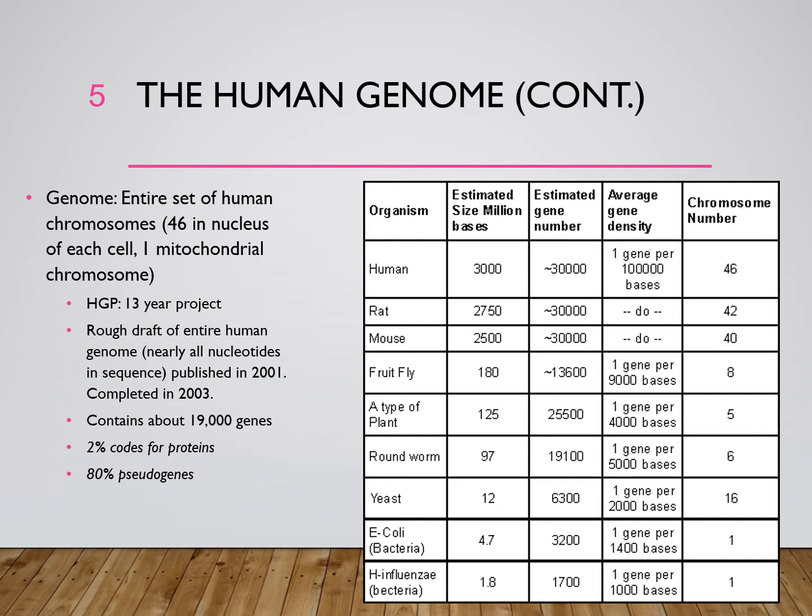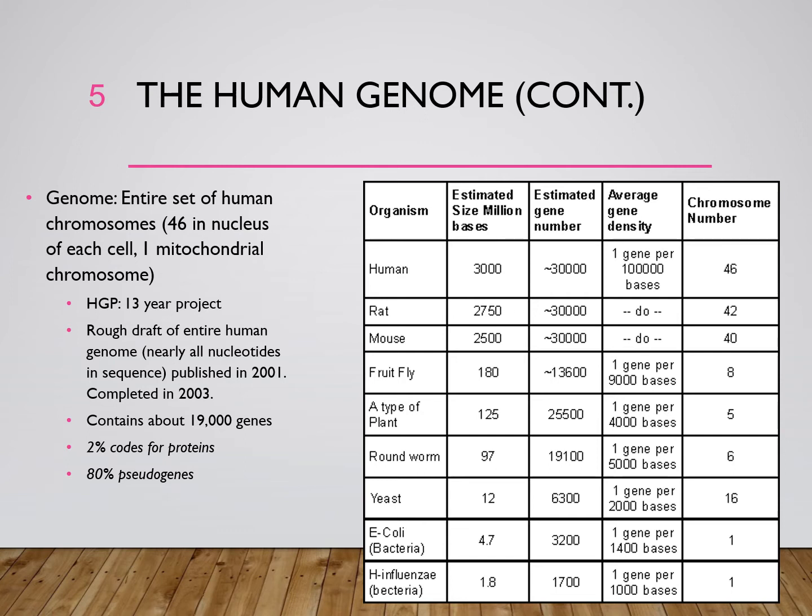Now in 2003, they started something called the Human Genome Project, and the goal of this was to map the entire human genome. Now, they thought that, and I would think so too, right? We're really complex creatures, so we must have a lot of genes. Well, they determined that it's not as much as we thought, about 19,000 genes, which is among the smallest genomes of any animal that is out there.